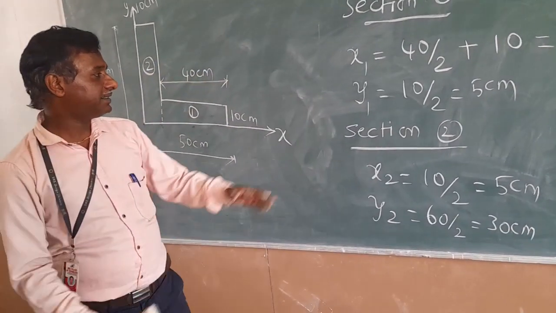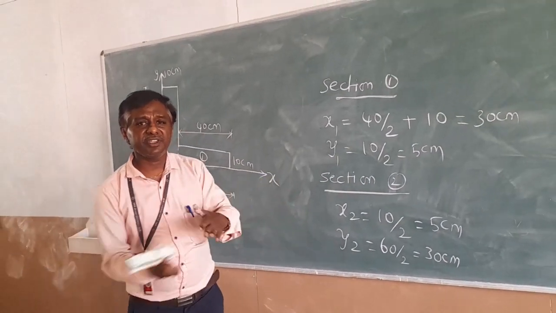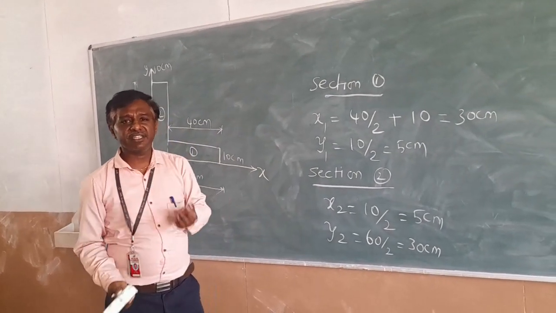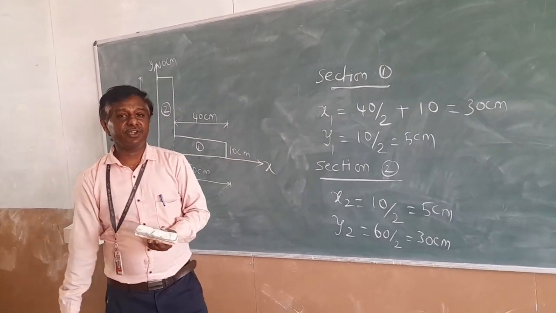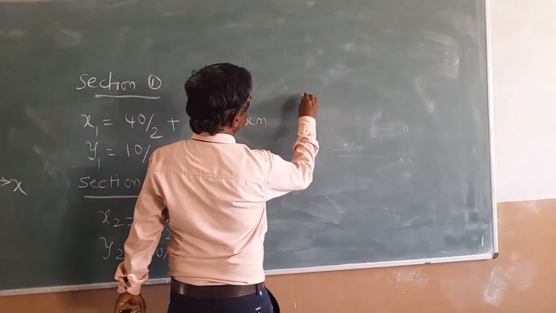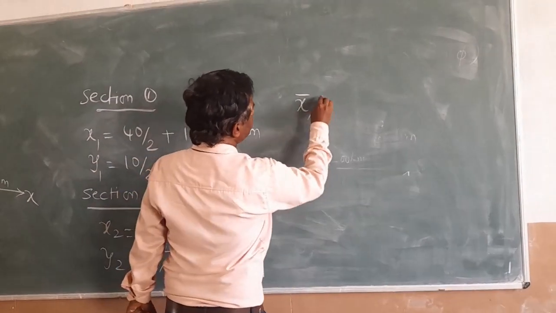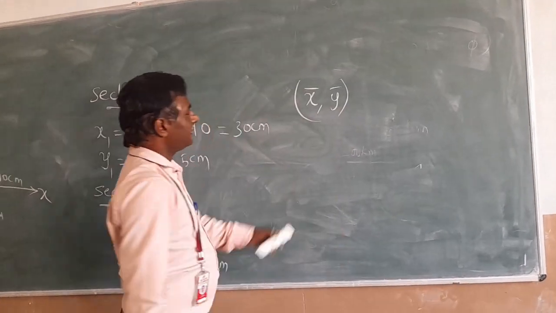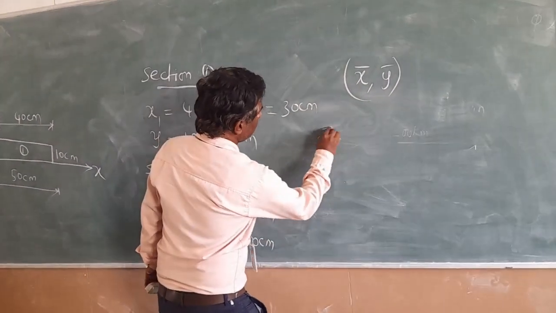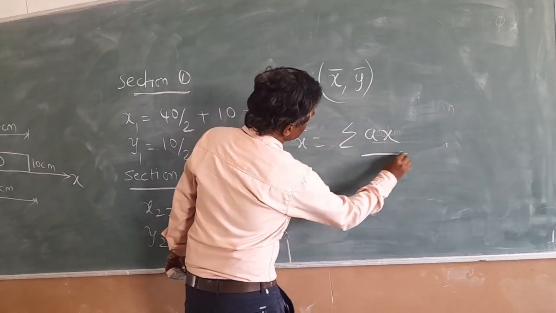This is the centroid for each individual section. So how can we combine these two and get the exact centroid value? For a composite section, x bar is the centroid and y bar is the centroid. So x bar is equal to sigma ax divided by sigma a.